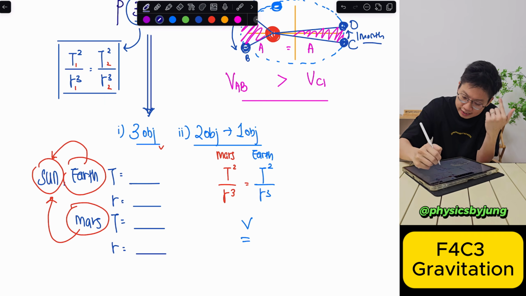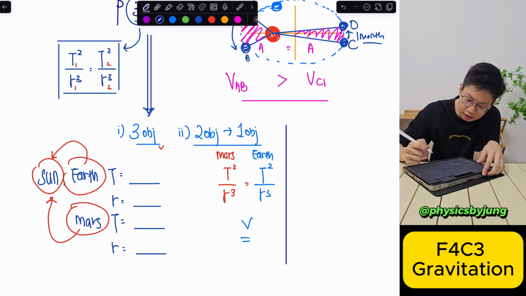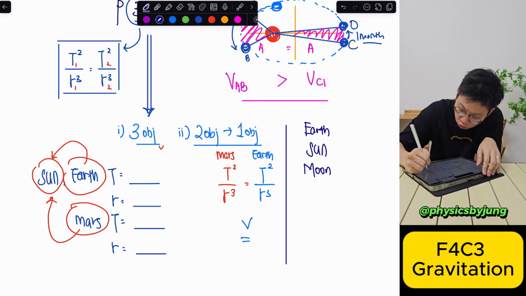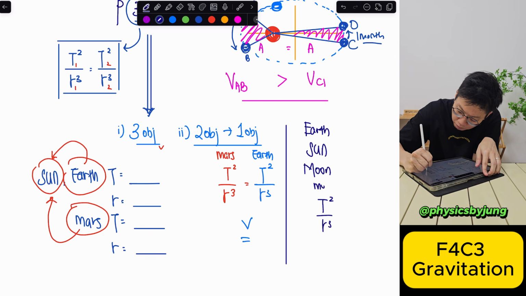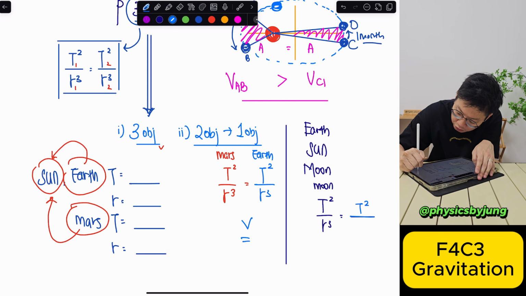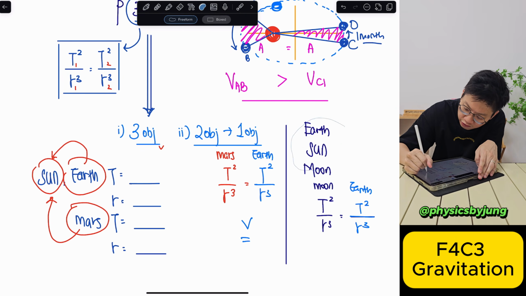Now guys, let's think. Let's say I have Earth, I have the sun, and I have the moon. Can I do T squared over R cubed of moon equals T squared over R cubed of the Earth, if they give me all the information?